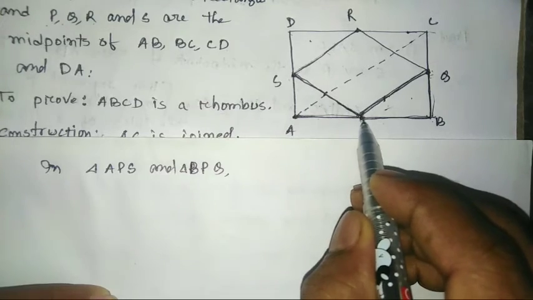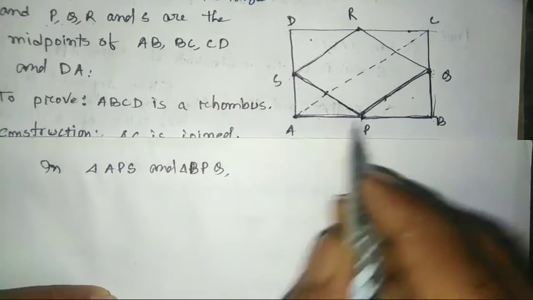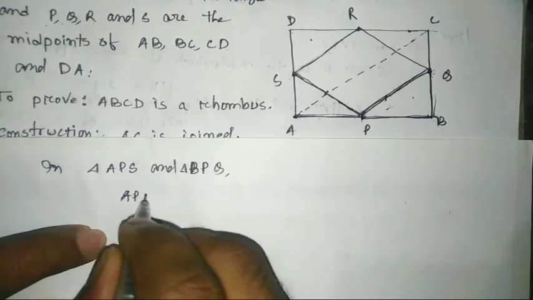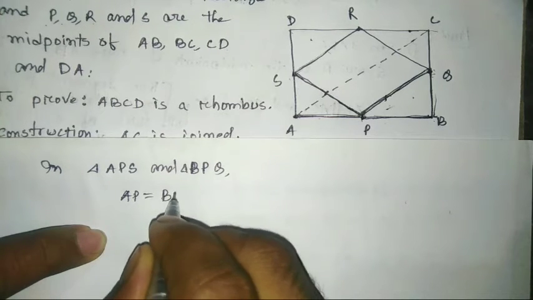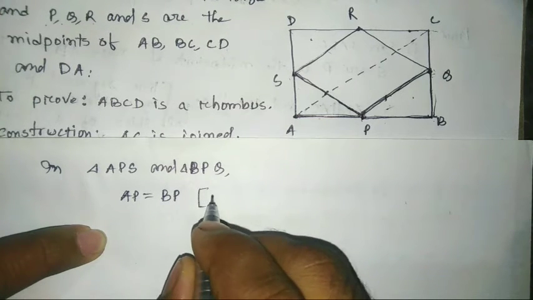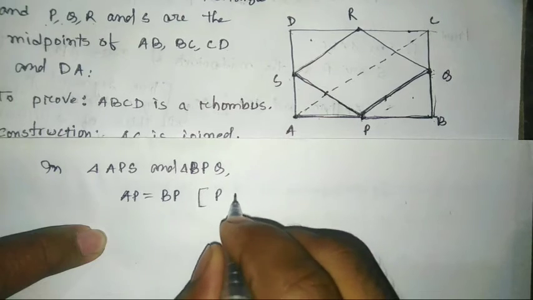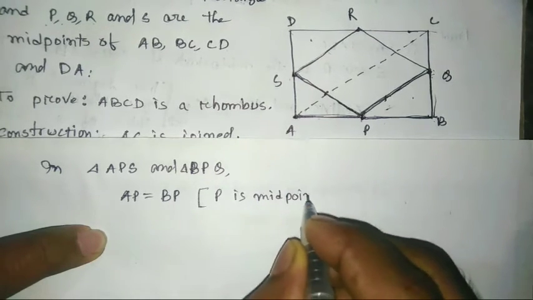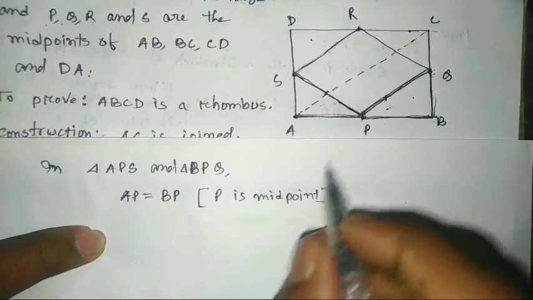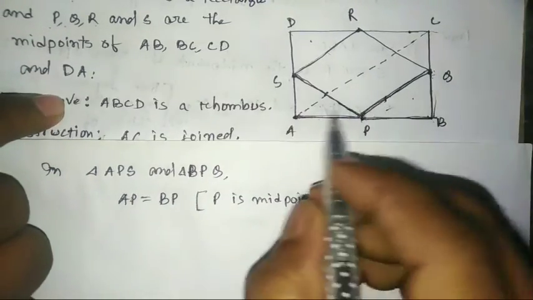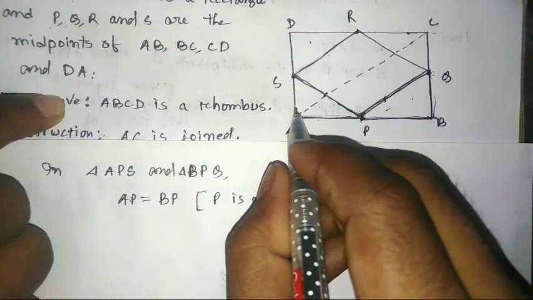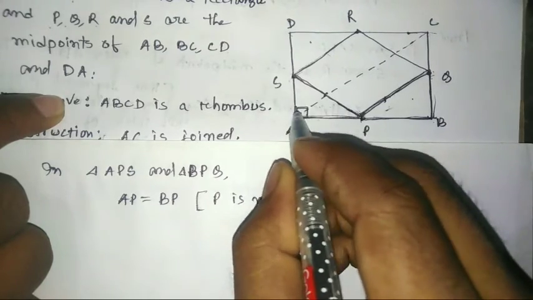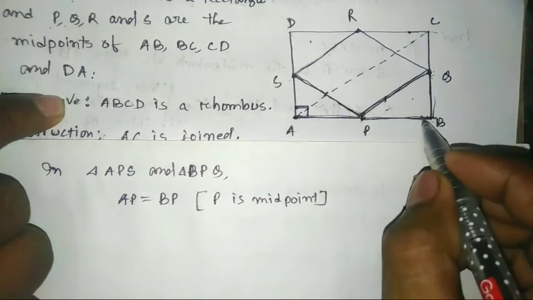Because P is the midpoint. So AP is equal to BP. Why? P is the midpoint.